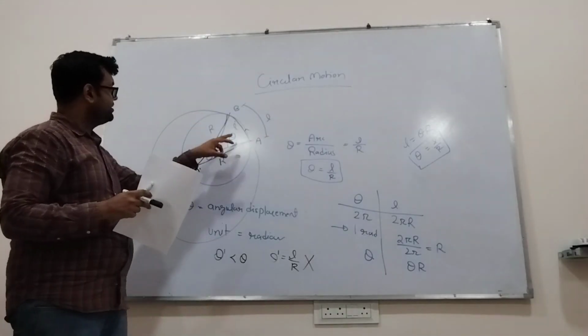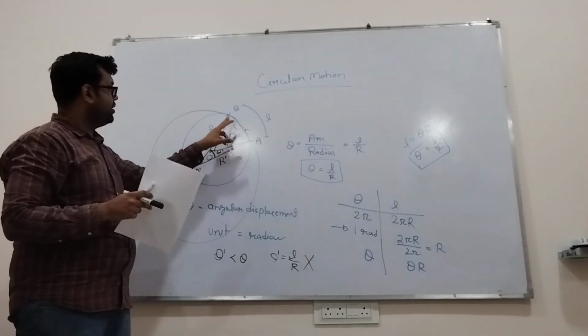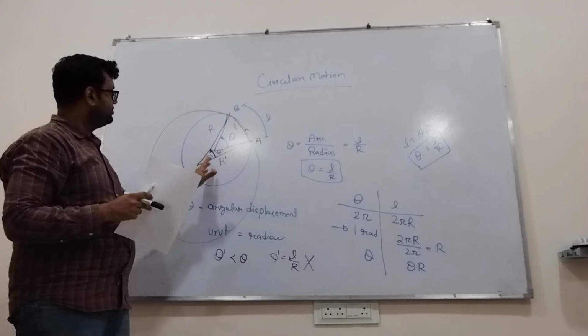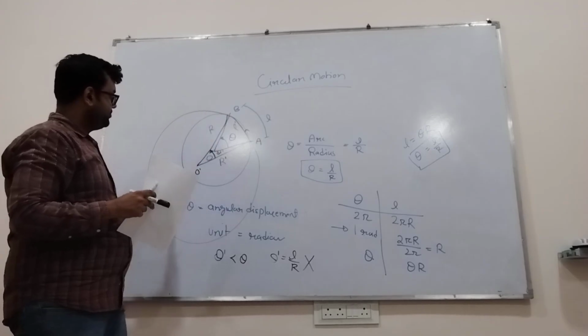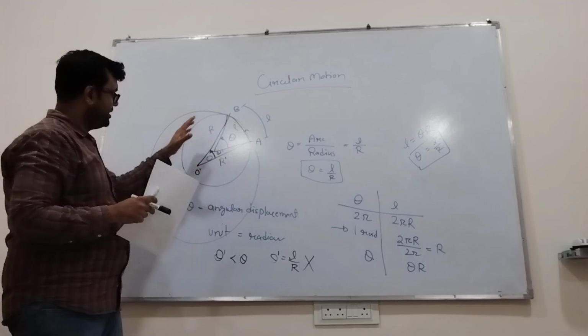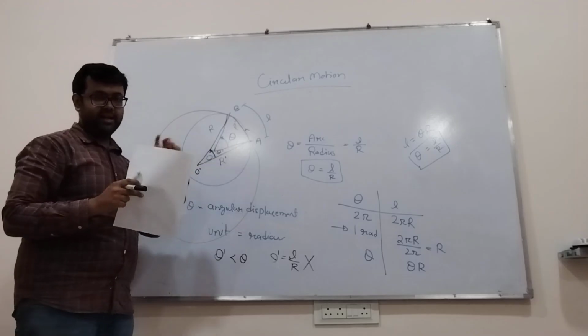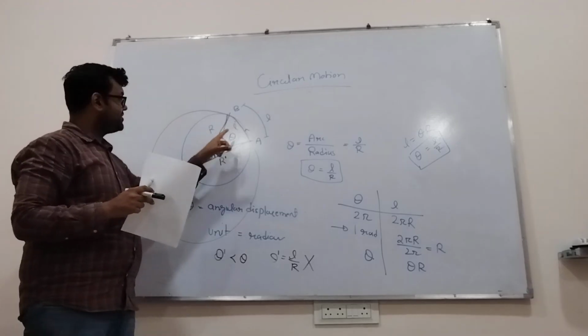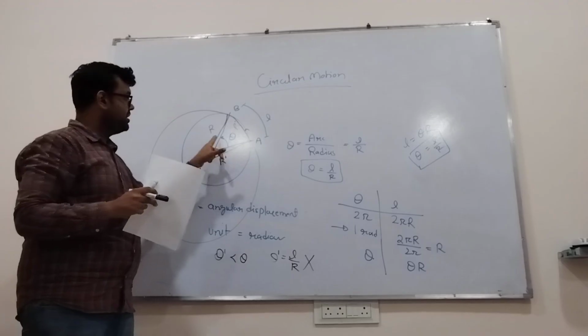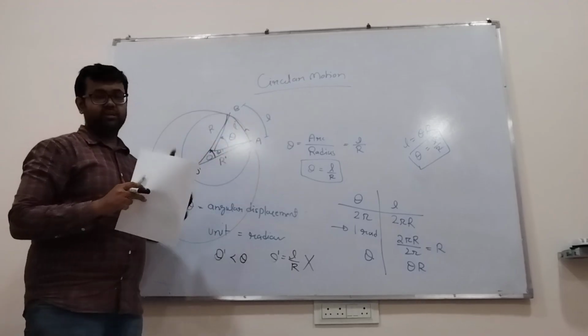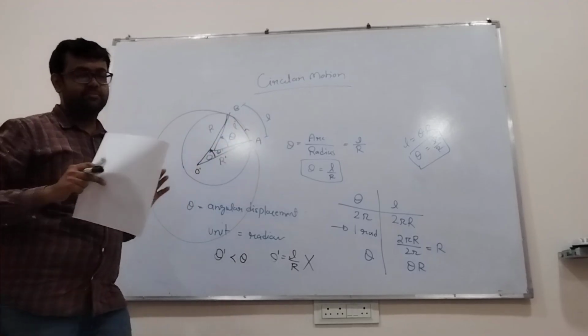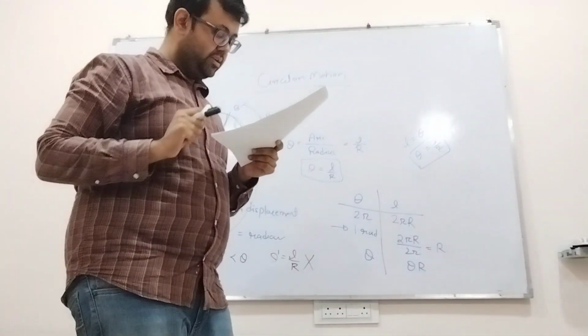So from this theta dash and R dash you can find out the L dash. Using that L dash you can find out the term theta, and using that theta you can find out the term L. Okay, so it is simple mathematics. I am not doing it here.